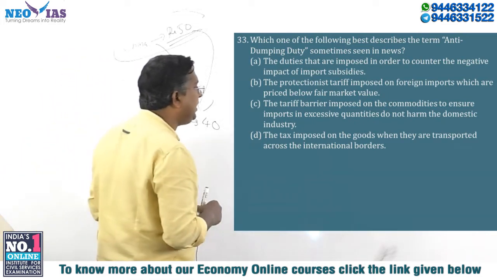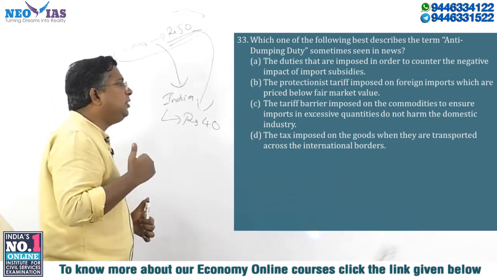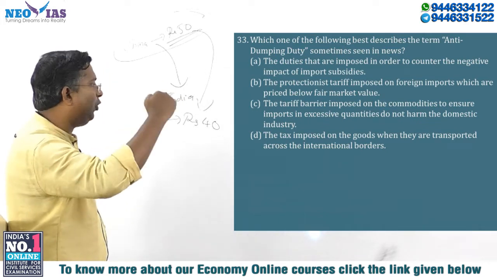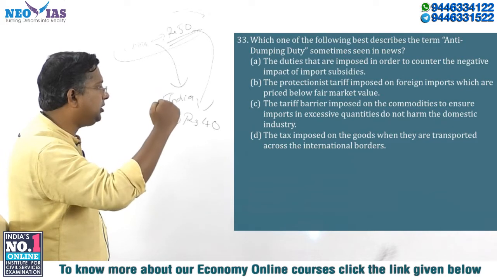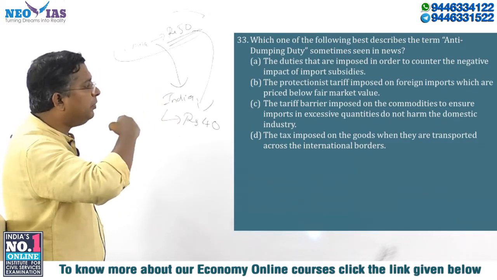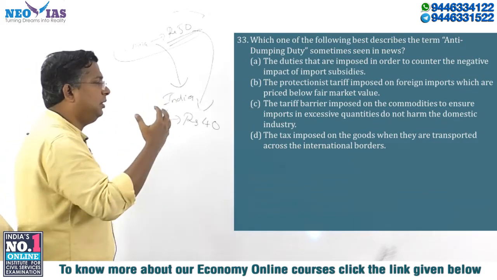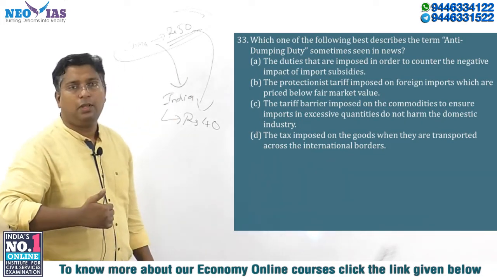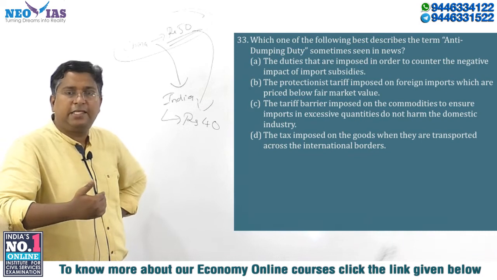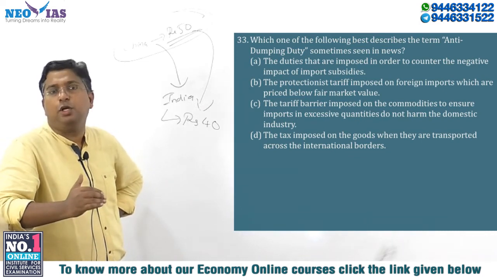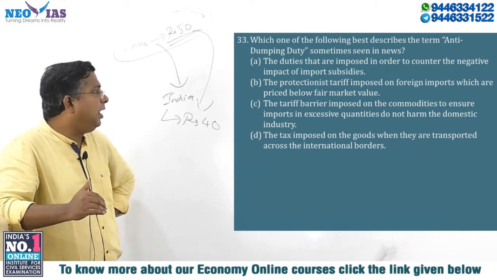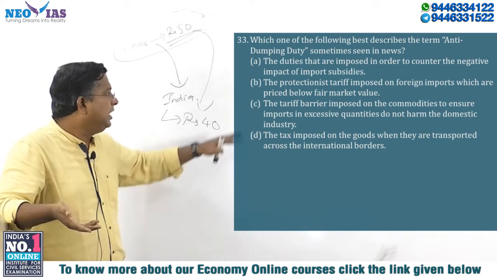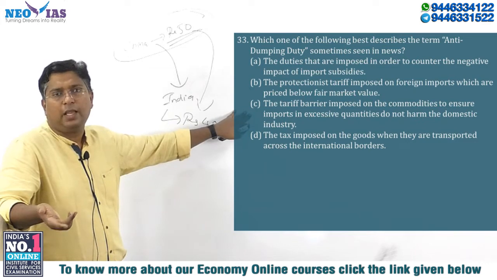Okay, so basically the government will impose a tariff or a duty on certain quantities to ensure excessive quantities of imports will not come to the country. So in order to protect the domestic industry, excessive imports will be controlled by a tariff barrier. That is what is called safeguard duty. Okay, so C is the definition of safeguard duty.